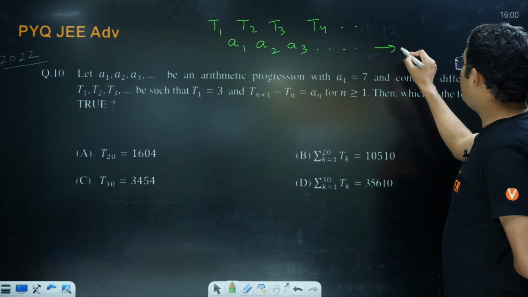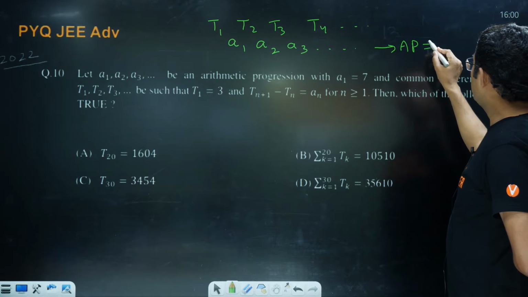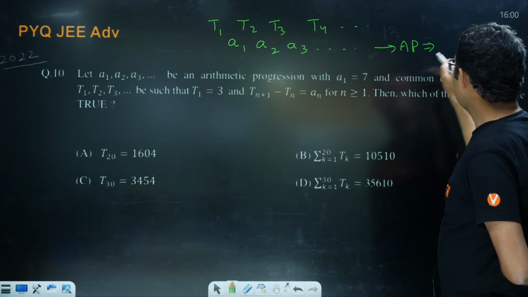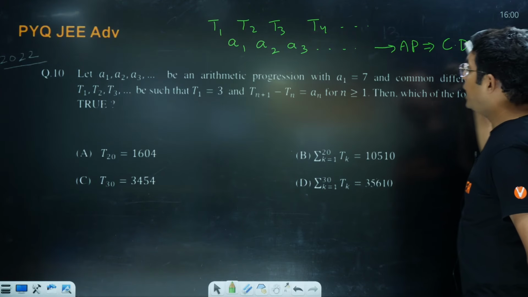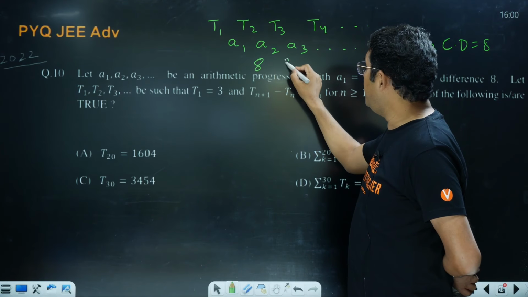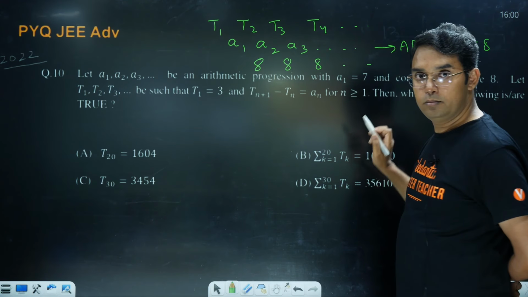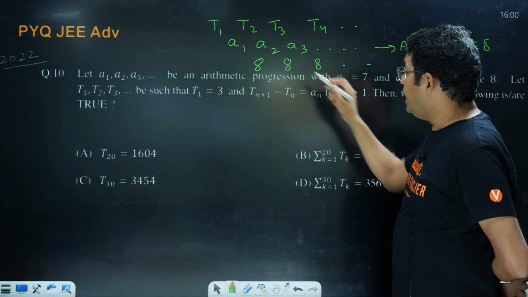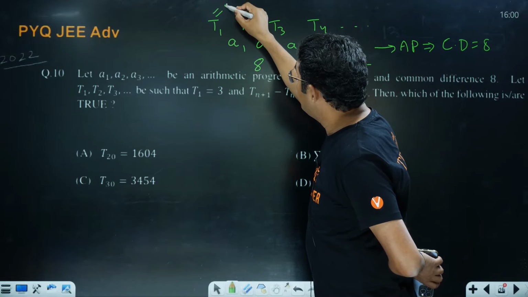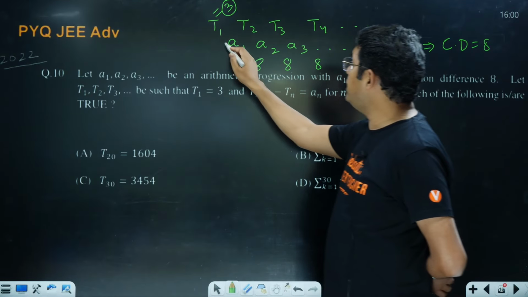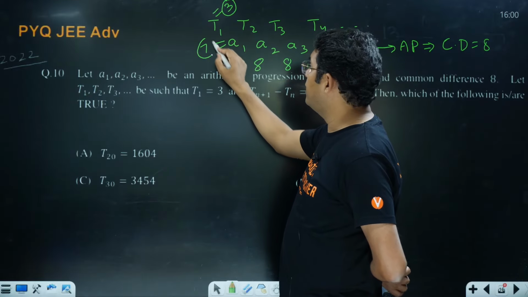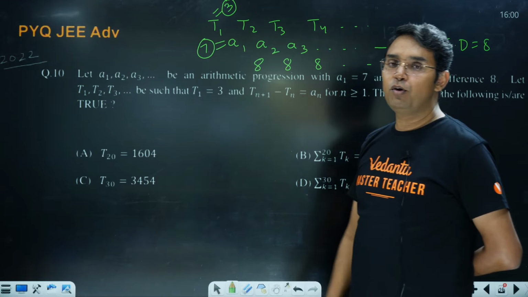Now this is AP with common difference equal to 8. Okay, so if you take one more difference, it will be 8, 8, 8 and so on. Now they have also given you T1 is equal to 3 and A1 is also known to us as 7. I think you understand now what is to be done.